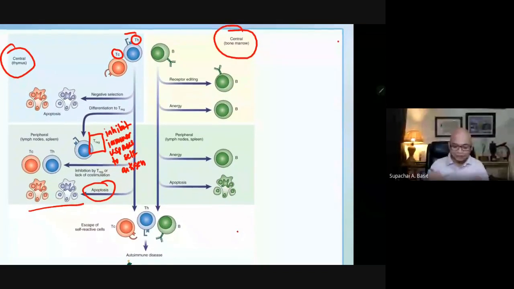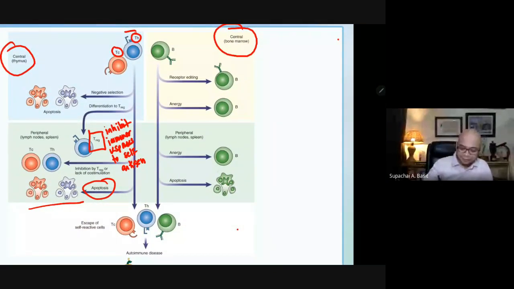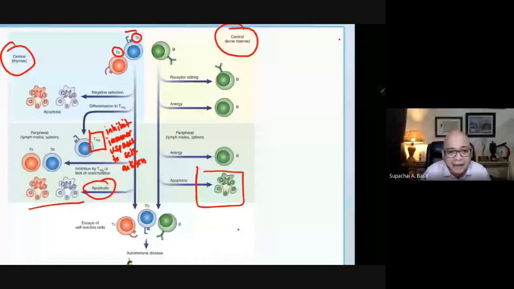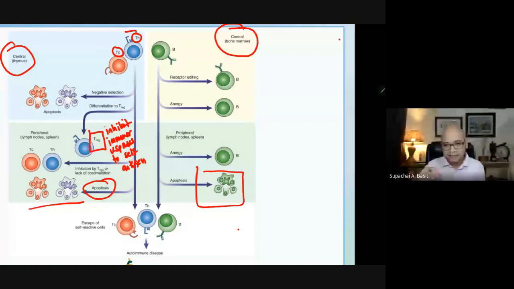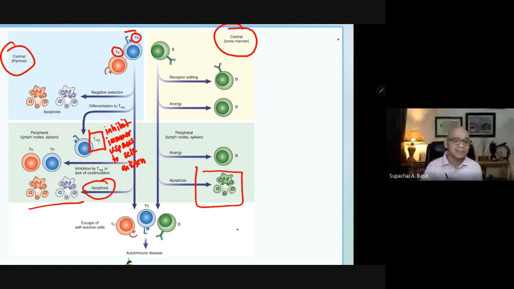So again, what's the importance of apoptosis? Apoptosis will cause programmed cell death so that these particular cells that have been exposed to self-antigen will no longer be treated as foreign by the cells of our immune system.